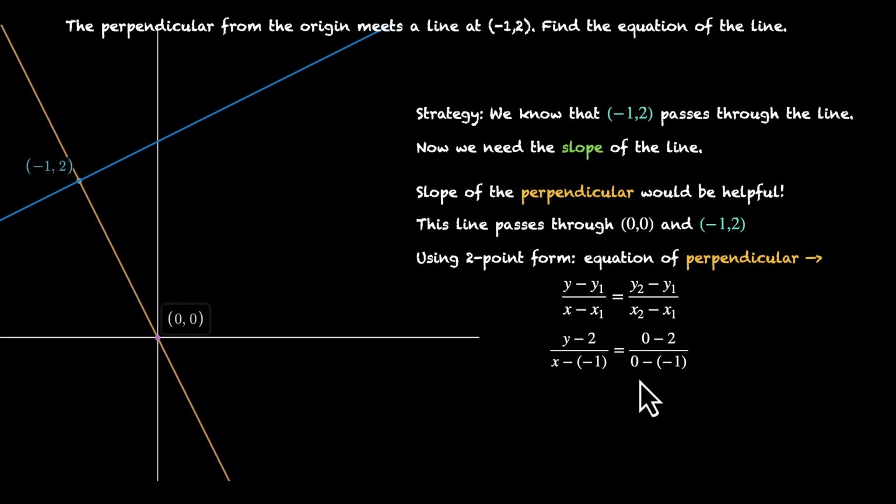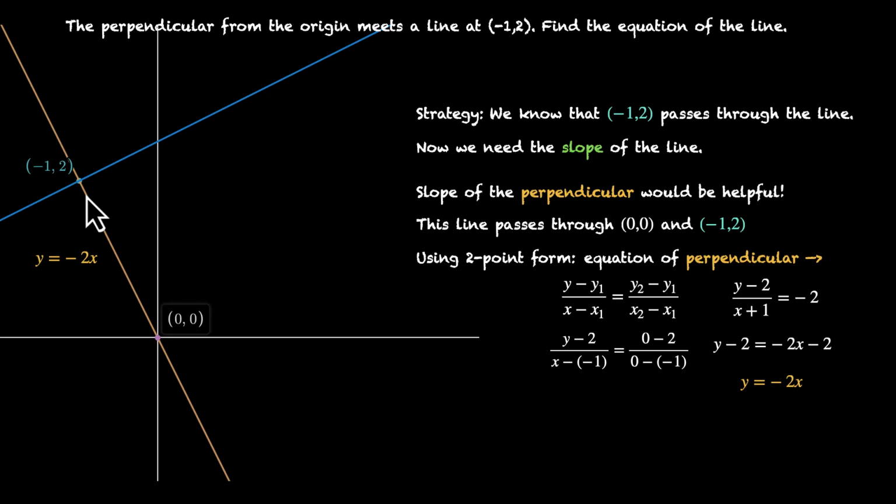Let's write these points. We have (y minus 2) by (x minus -1) equals (0 minus 2) by (0 minus -1). This right hand side is the slope. That's -2 by 1. That's -2. So the slope of this line is minus 2. And the equation is y minus 2 equals minus 2 times (x minus 2). This gets cancelled. y equals minus 2x.